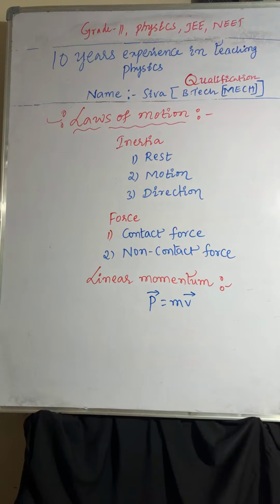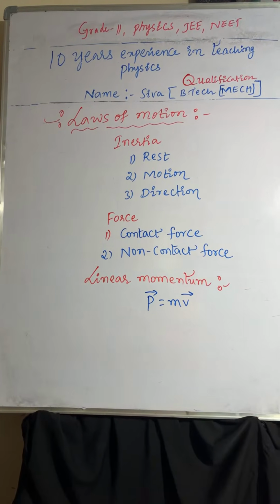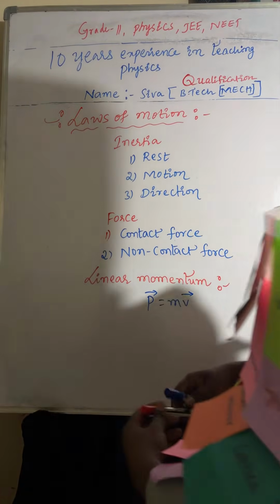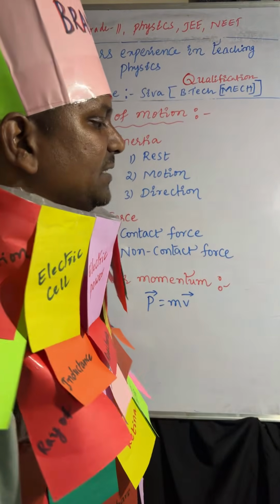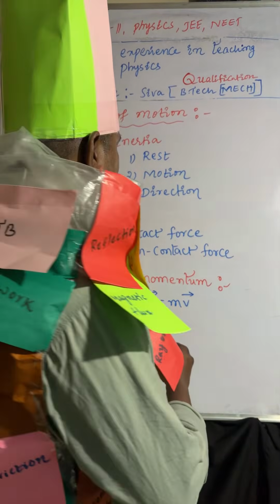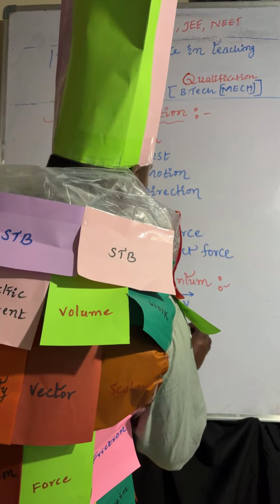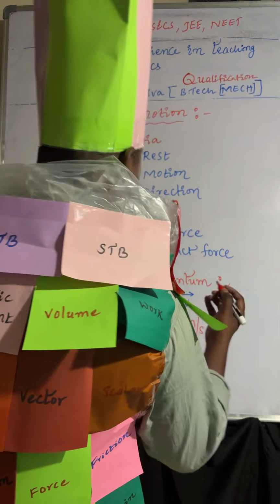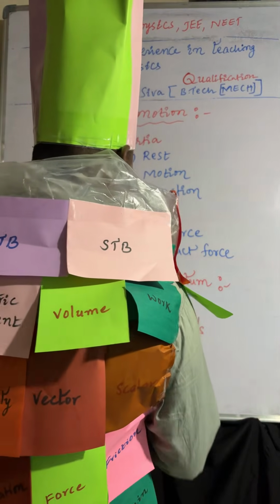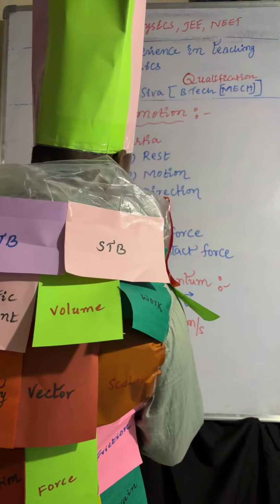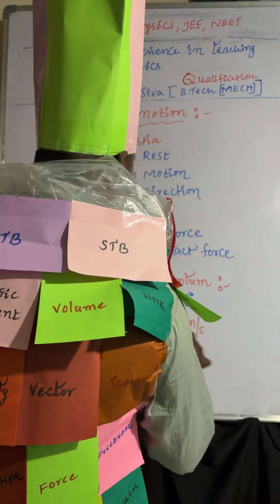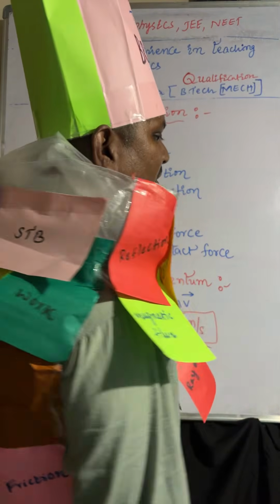And the next one, linear momentum. Linear momentum is nothing but mass into velocity. SI unit of mass is kg. SI unit of velocity is meter per second. So that is the SI unit of linear momentum.